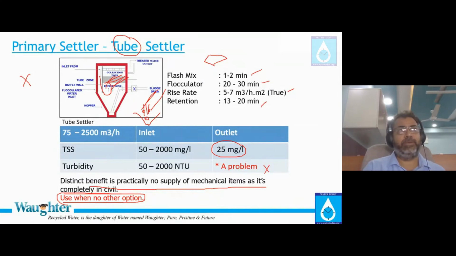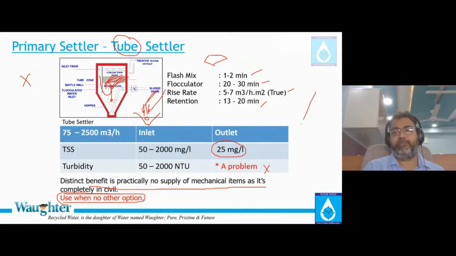Another problem is that if by chance, whatever little oil and grease is coming. Now again, this area is the rest area. In this area, if the oil and grease decides they want to become droplets, what will they do? They will stop traveling towards the top. And if they start traveling to the top, they will make all these tubes or plates, whatever it is, a little bit oleophilic and coated with oily substances.